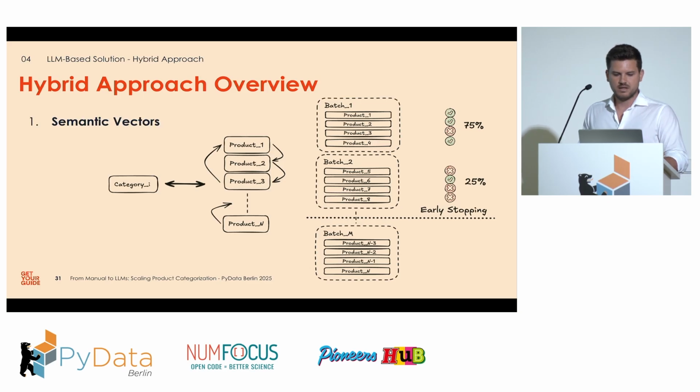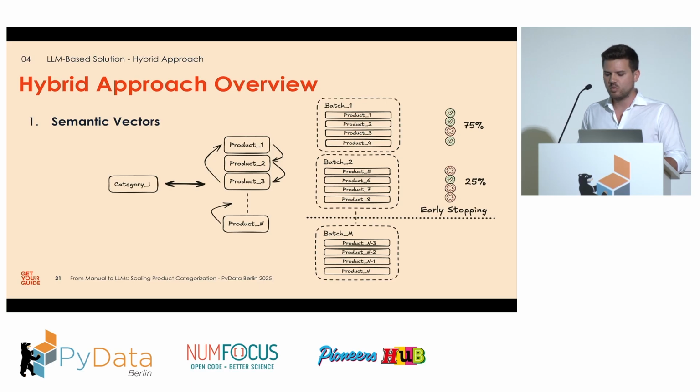The first one is using semantic vectors. We start by using OpenAI vectors to create a first fast ranking of all the products based on one category. Then we group them in batches. We use the OpenAI batch jobs, which were quite a bit cheaper than normal API calls.